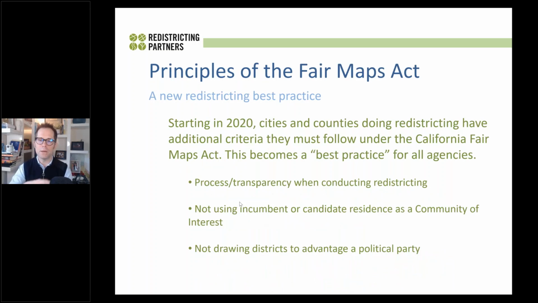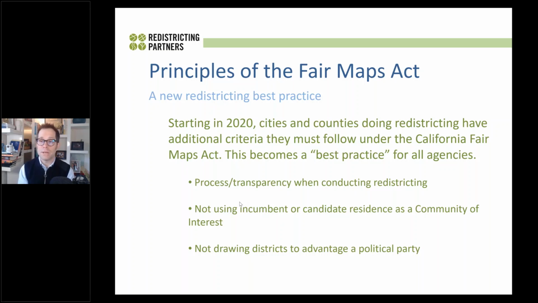So starting in 2020, to go into how these criteria fall into current state law, the process that we have in California is driven a lot by the process that has been established for cities and counties. So cities and counties are under the Fair Maps Act. And like so much in redistricting, the criteria trickle down. So in fact, water districts in California have almost no rules.